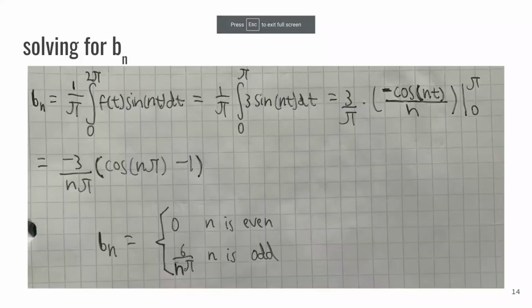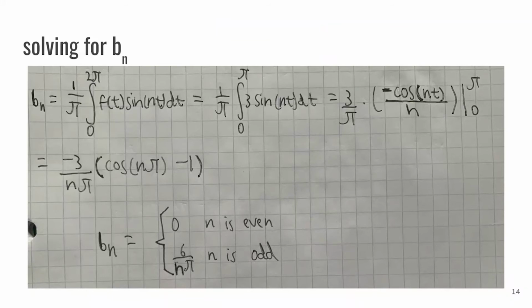So the formula for b of n is 1 over pi times the integral from 0 to 2 pi of f of t sine nt dt. And using a similar method to the one we used in the last slide, we get that b of n equals 1 over pi times the integral from 0 to pi of 3 sine nt dt.